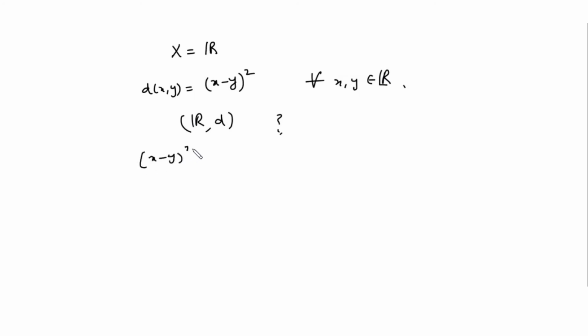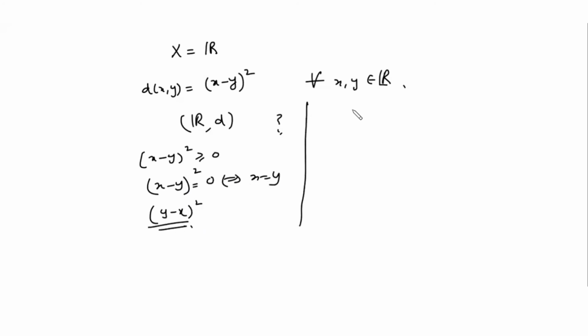This is greater than or equal to 0. This will be 0 only when x is equal to y. Either you write x minus y or y minus x, both are the same. Now what about the last property: (x minus y) whole squared, is it less than or equal to (x minus z) whole squared plus (z minus y) whole squared? Is it true?